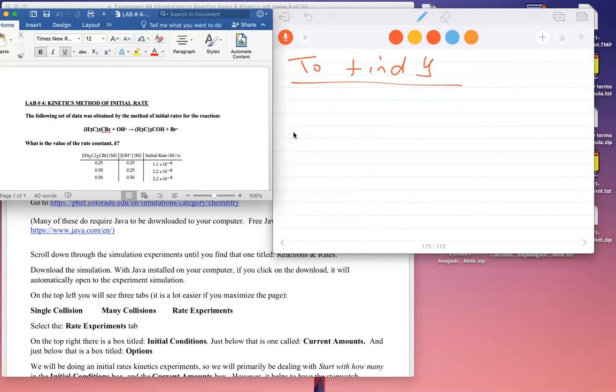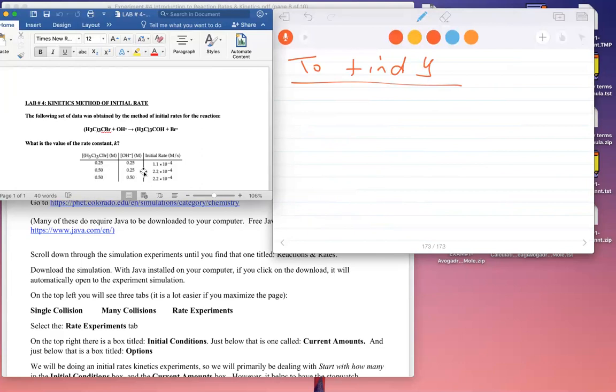For B, I will pick 2 experiments where the concentration of B, the second reagent, is changing, but the concentration of the first reagent is constant. If I look at this, experiment 3 and experiment 2 are the experiments I'm going to use to find the value for Y.